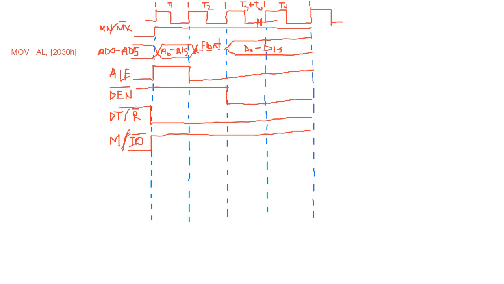Then what are the control signals left? Read or write signal, right? Here we need a read control signal, RD with a bar. As it is a read operation, during the data time we make it low.